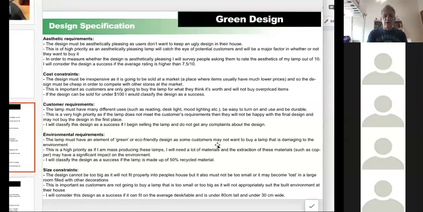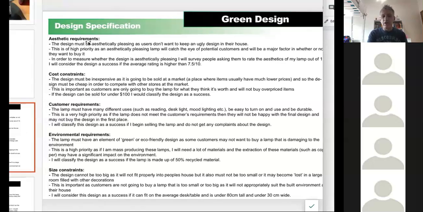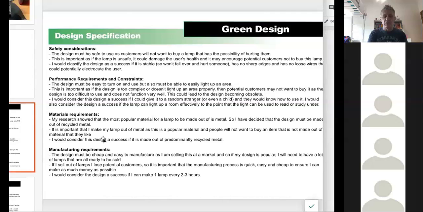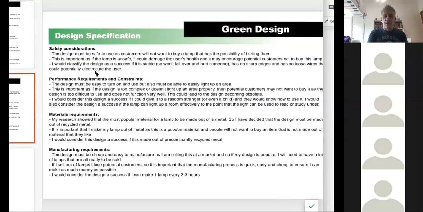Okay, so in here, this is just a different format for these: aesthetic requirements, environmental considerations, etc. Performance requirements. Okay, so how is your chair going to perform, or how is this wheeled object going to perform? What are the material requirements? Manufacturing, we're going to let you use a laser cutter and AutoCAD, and that's going to be your process.